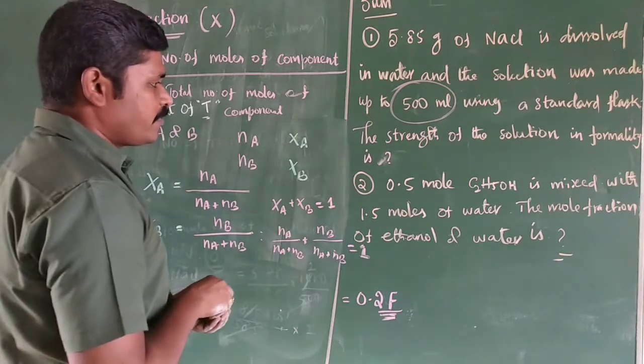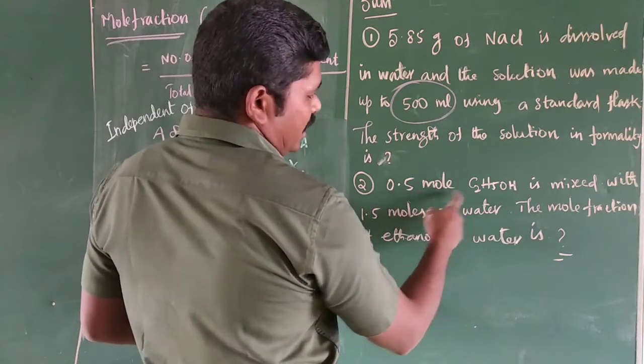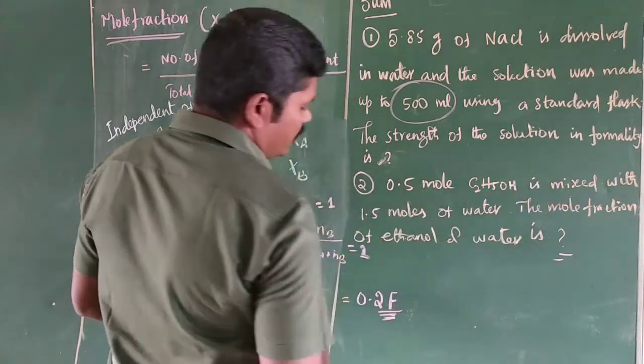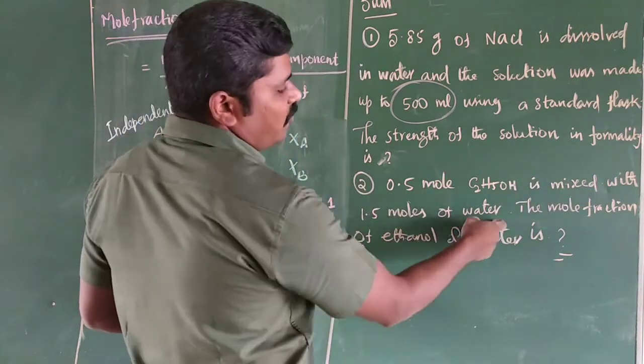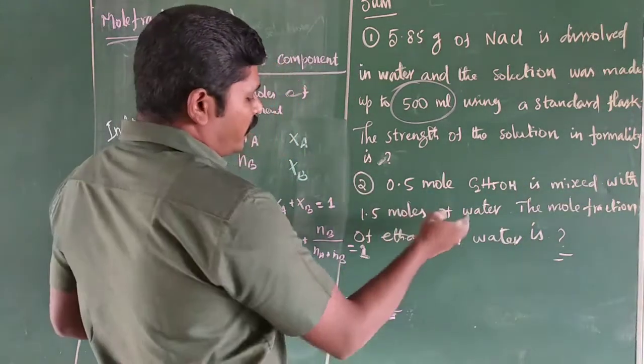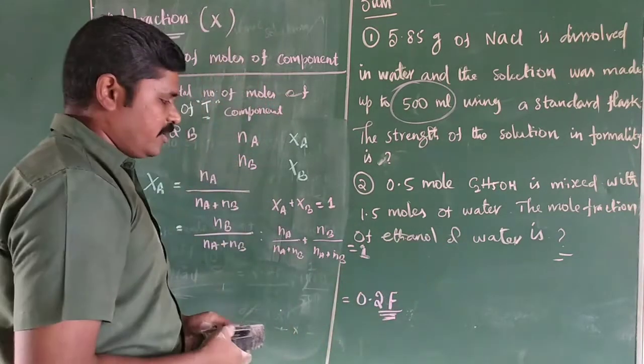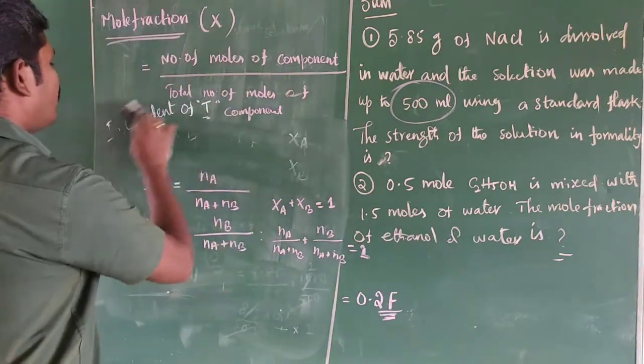Now the example: 0.5 mole ethanol is mixed with 1.5 moles of water. Find the mole fraction of ethanol and water.